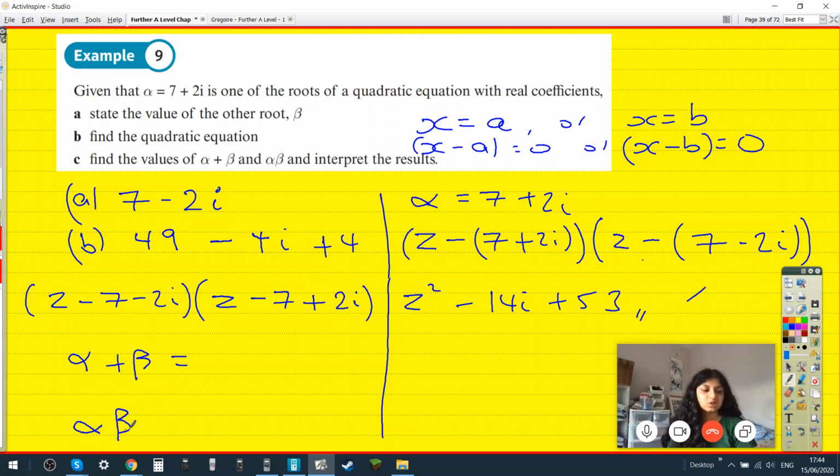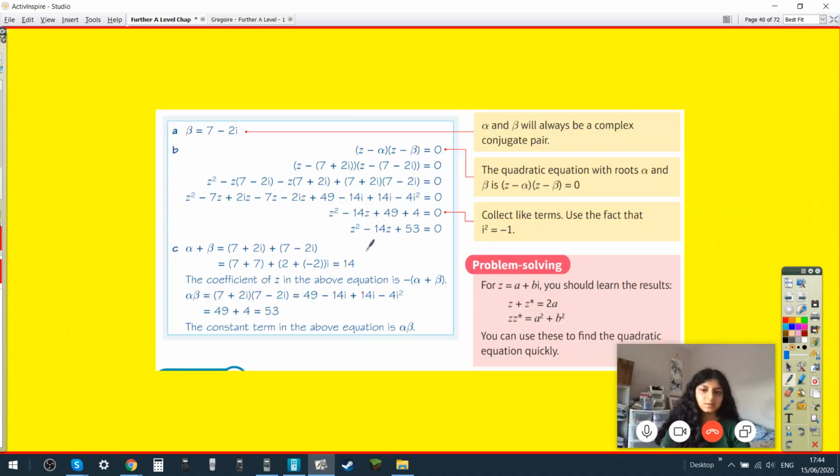No, it's just 14. Because 7 plus 2i plus 7 minus 2i is just 14. The 2 i's cancel out, so you just have 14. Yeah, 14. 53.